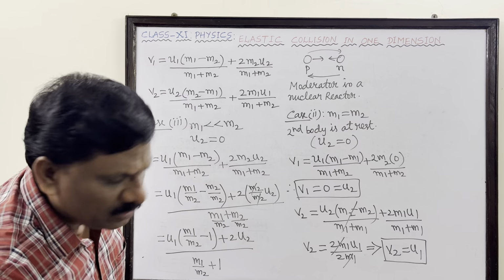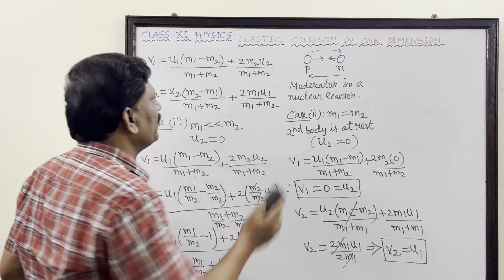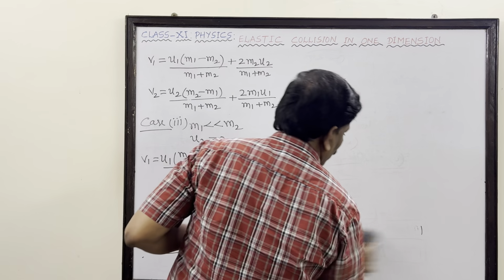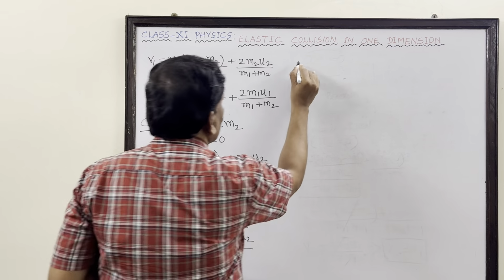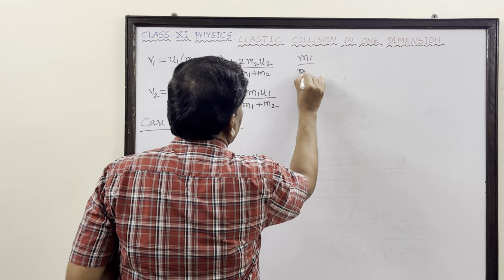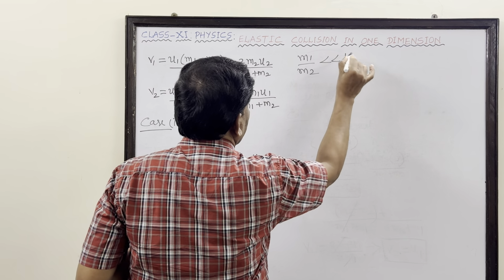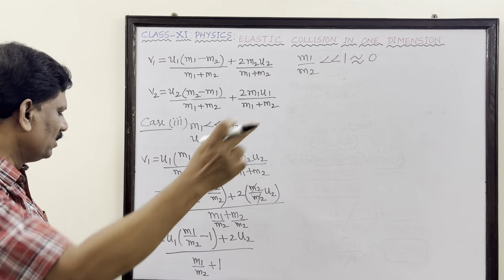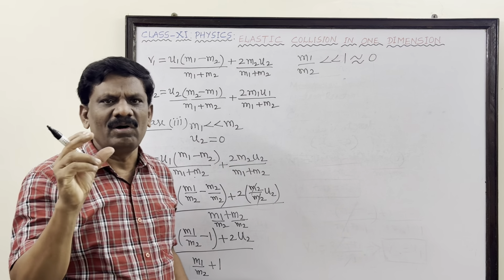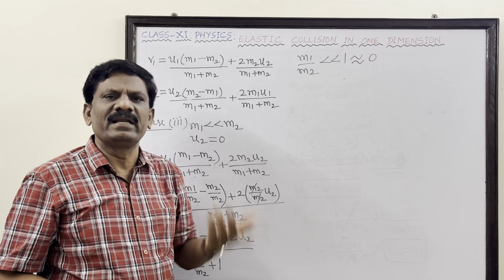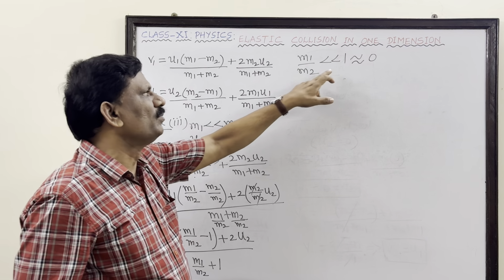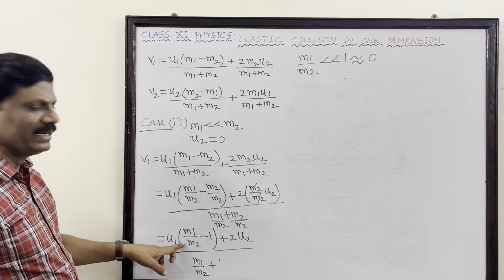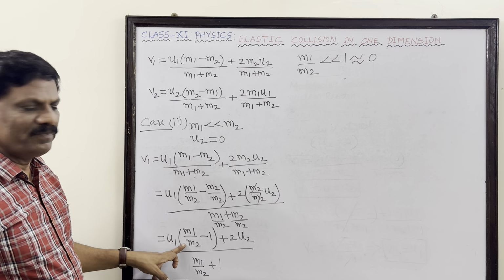We have assumed that m1 is very much small compared to m2. Therefore m1 by m2 must be very much smaller than 1, or nearly equal to 0. If you divide the mass of the small ball by the mass of the wall, it is nearly equal to 0. So wherever m1 by m2 is coming, it is taken as 0.